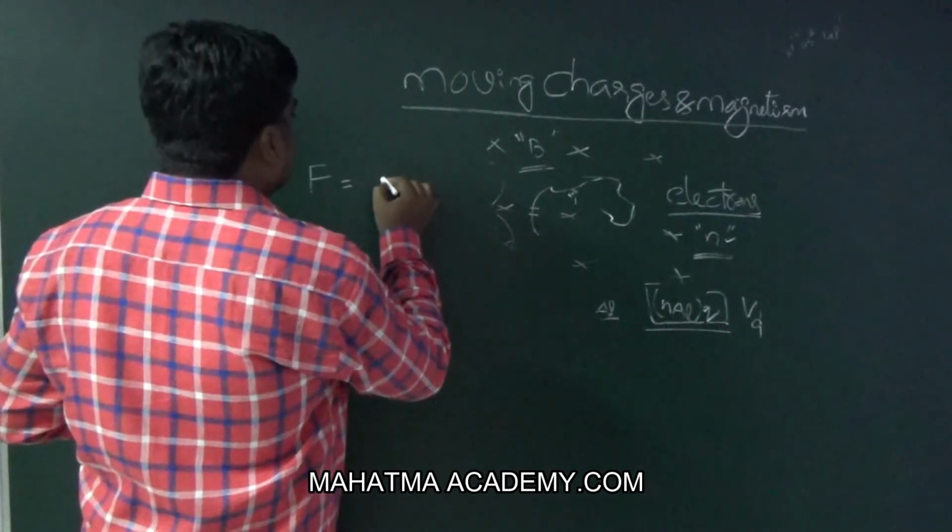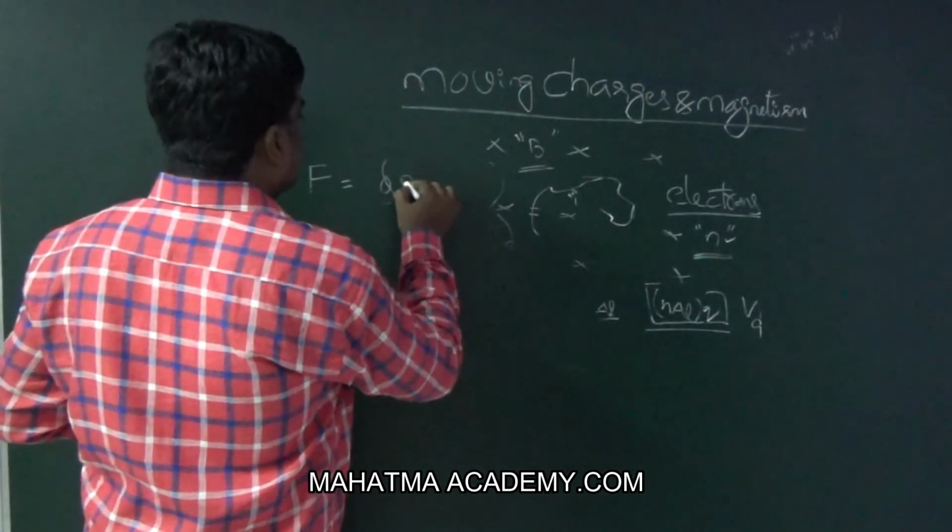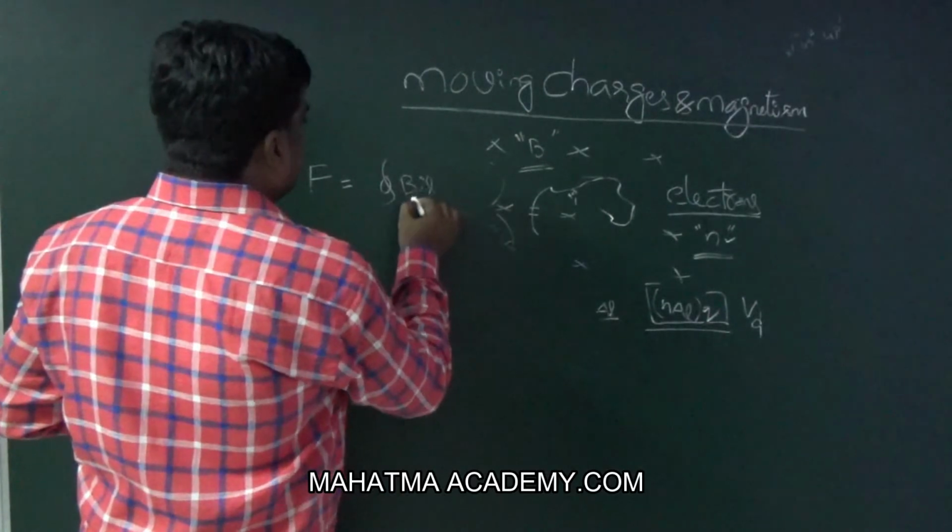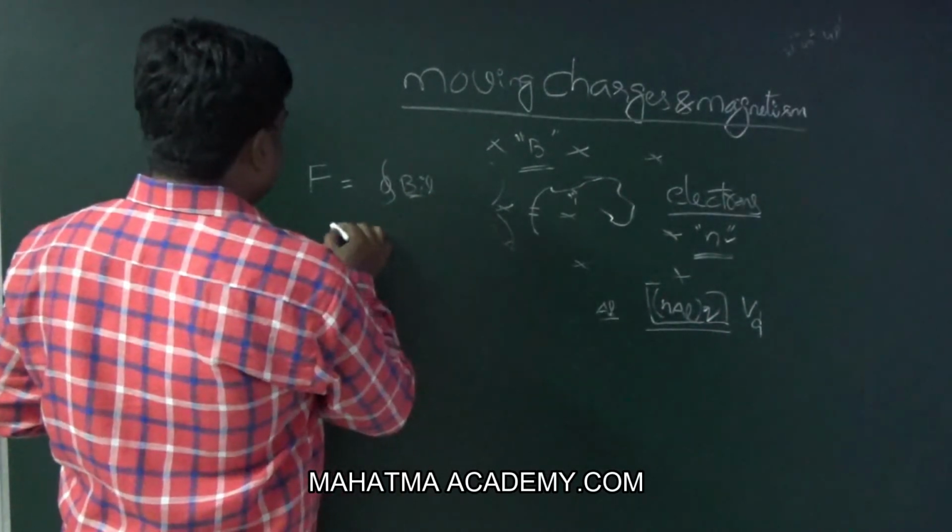That is the integral of I dL cross B. B and I are constants.